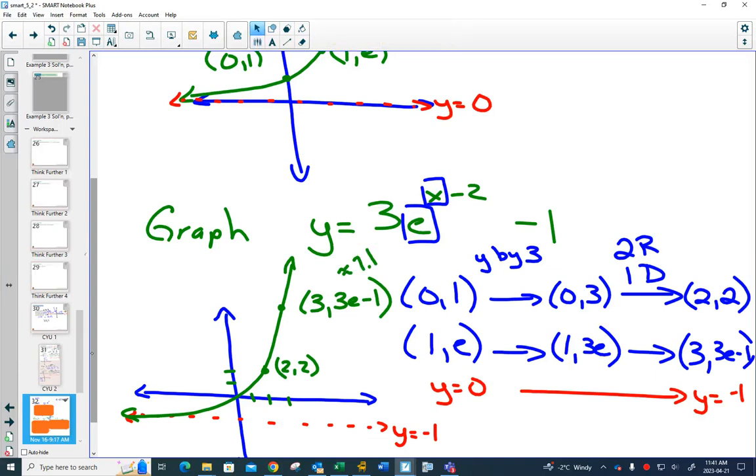So you just have to roughly put it where it would be. And it has the same shape as all of our other exponential graphs as well. So questions you can circle now are 10 and 13.